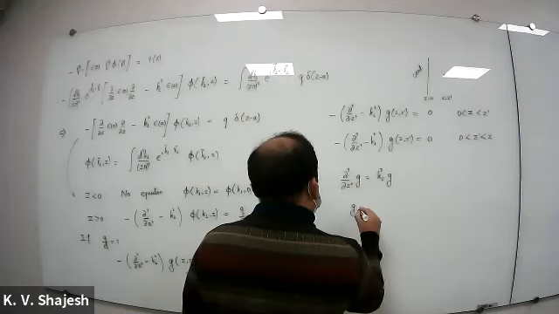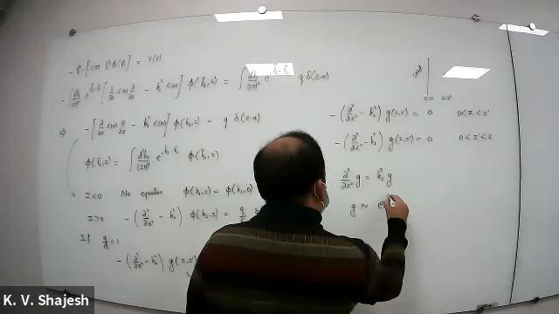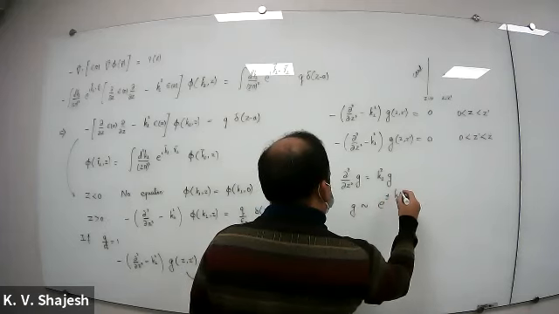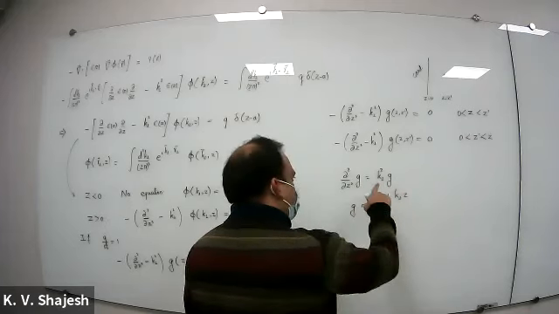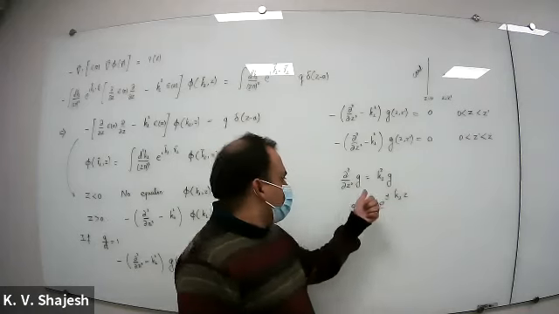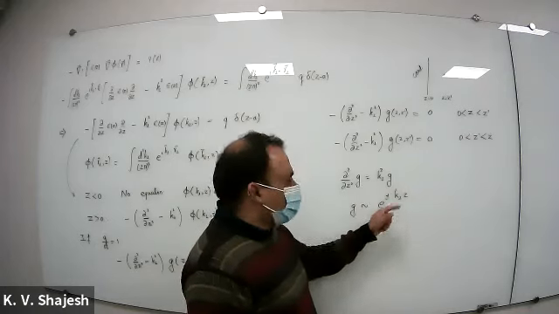G is e raised to plus or minus k perp z. Usually there is an i, but then two i's come in and make it a minus. It's just plus or minus.